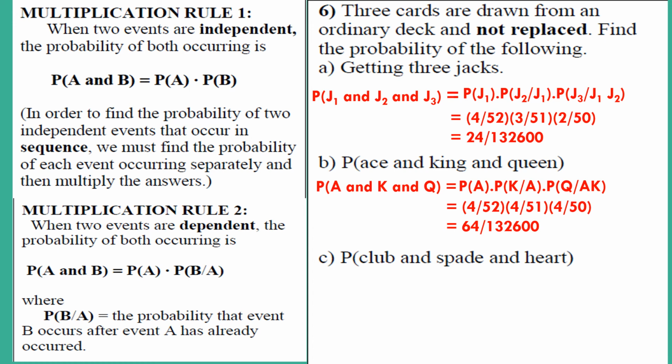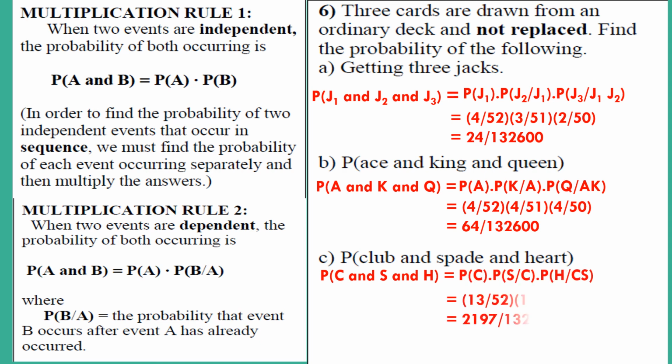Letter C, the probability that it is a club and spade and heart equals the probability that it is a club times the probability that it is a spade given that the first was a club times the probability that it is a heart given that the first two are a club and a spade. So, substituting, we have 13 over 52 times 13 over 51 times 13 over 50 is 2,197 over 132,600.